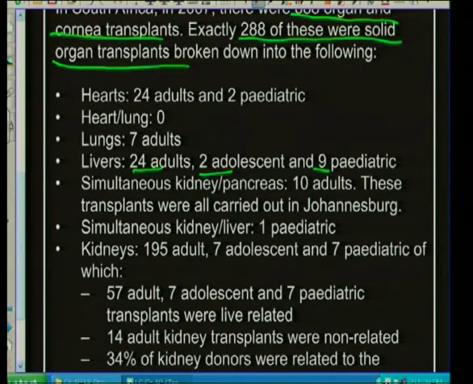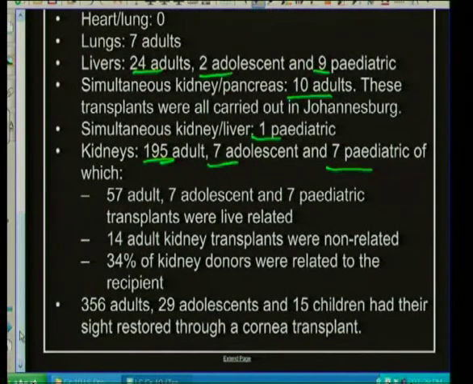Simultaneous kidney, pancreas, 10 adults. These transplants were all carried out in Johannesburg. Simultaneous kidney and liver, 1 pediatric. Kidneys alone, 195 adults, 7 adolescents, and 7 pediatrics, of which 57 adult, 7 adolescent, and 7 pediatric transplants were related.